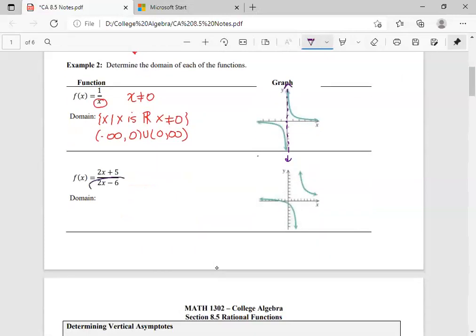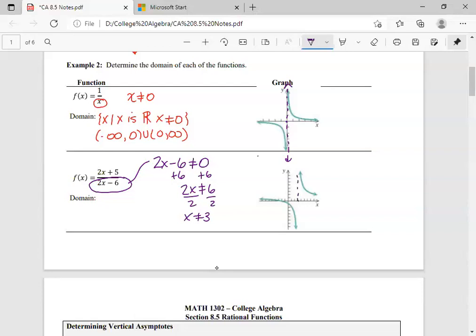On this one, we're still worried about the denominator, and 2x minus 6 cannot be equal to 0. So we would add 6 to both sides and we would get 2x cannot be equal to 6. So we must have a problem at 3.